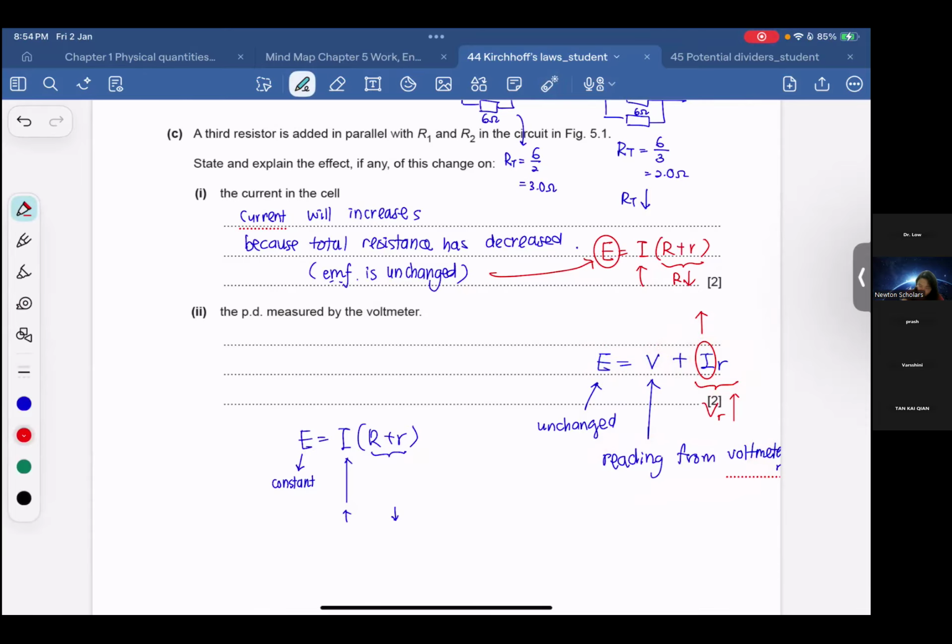So I write it down first. Potential difference on voltmeter will decrease. Okay, why?